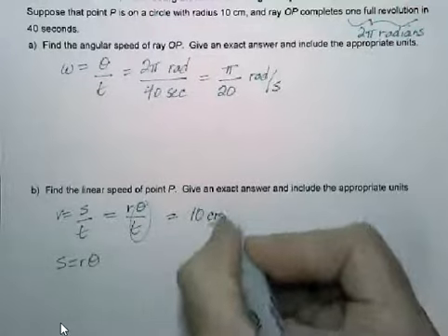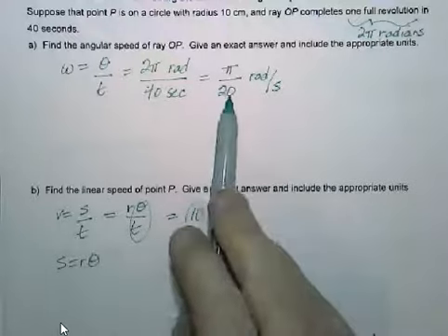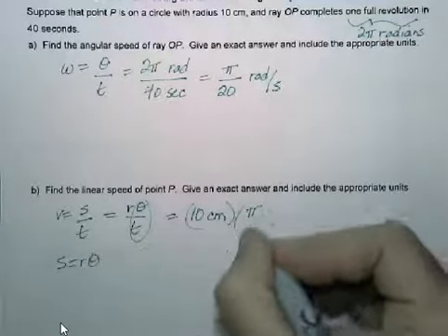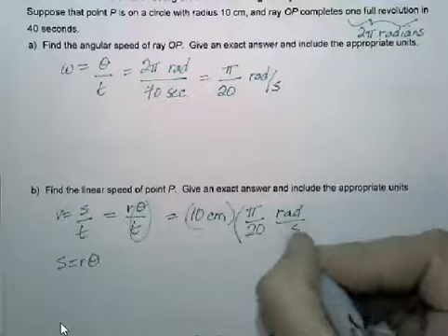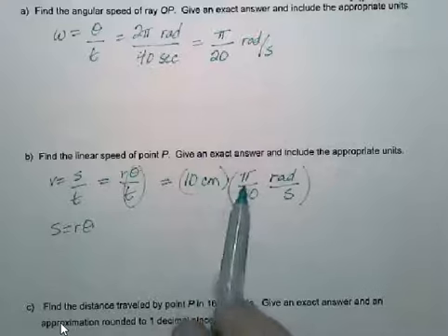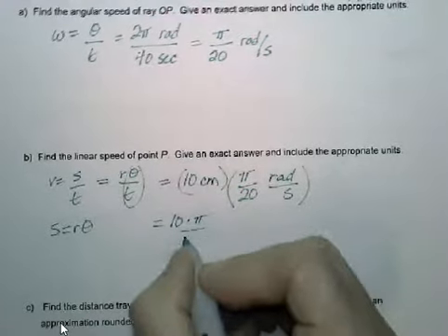We also know our radius is 10 centimeters. So we have that for the r, and then the theta over t we can replace with our w, which is pi over 20 radians per second. Now to get an exact answer for this, let's take the 10 times the pi over 20.